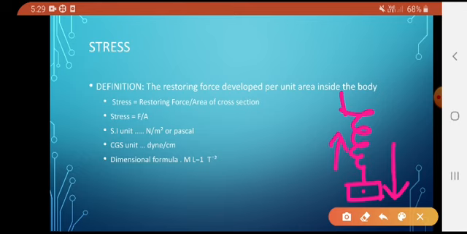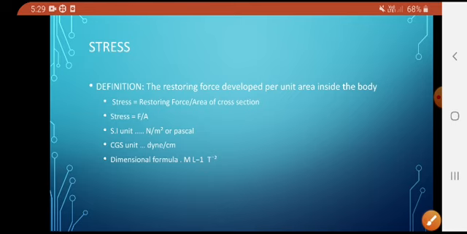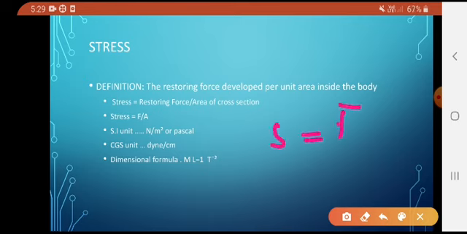So the restoring force developed inside the body per unit area is called stress. Stress is defined as the restoring force or recovering force per unit area set up inside the body. Alright, so stress equals force by area, where S is the stress, F is the force, and A is the area.